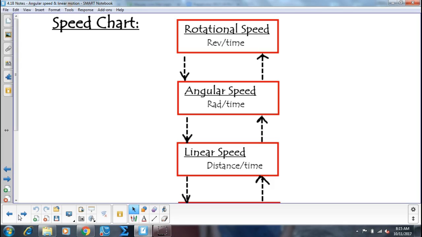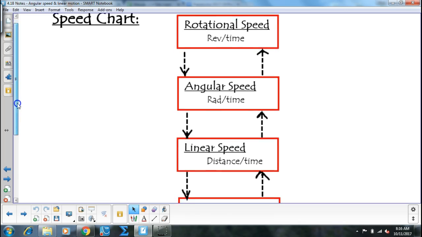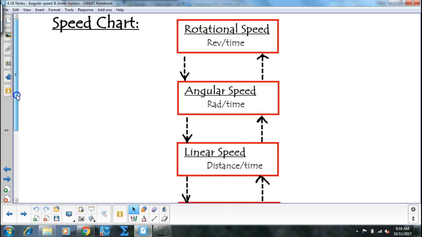So, I wanted to start today with the speed chart. Once again, the speed chart is good in terms of it tells you the things that you need, the units that they need to come in, and it shows you where you can go.